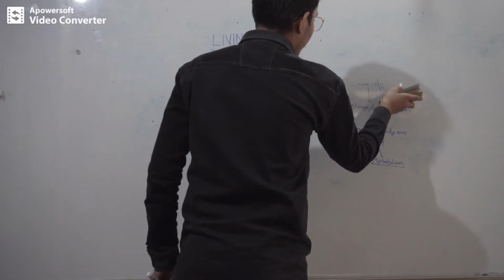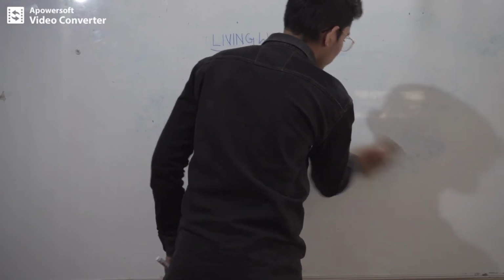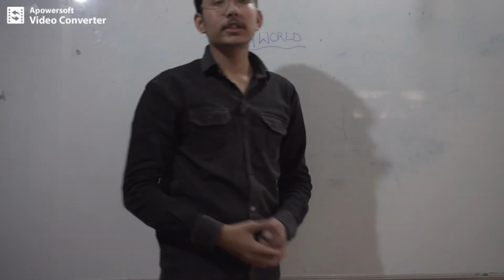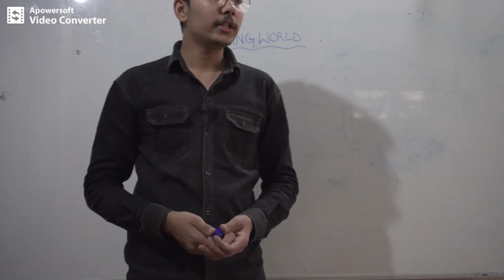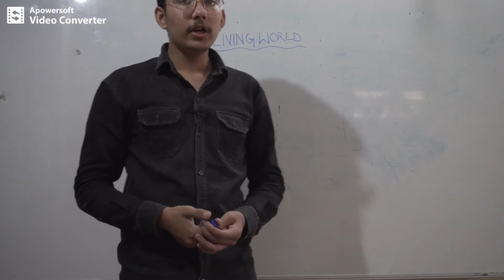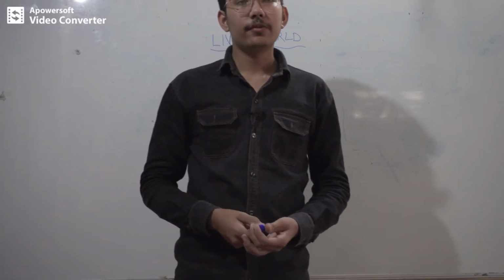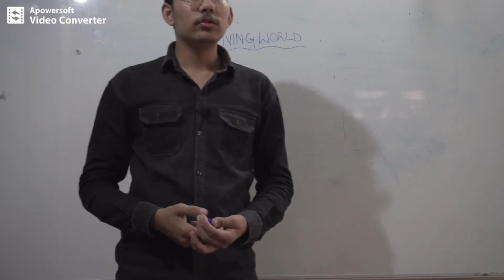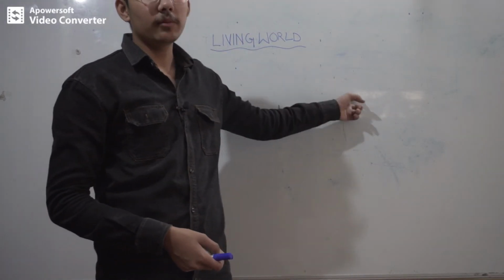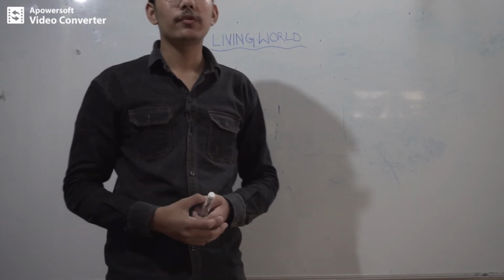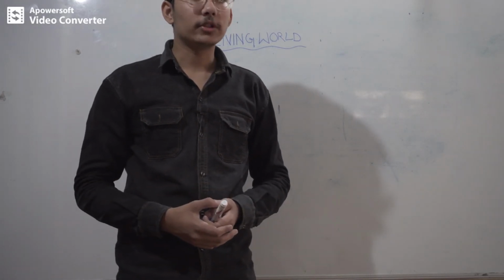Now we move on to the next characteristic, which is growth. Before discussing our next characteristic, growth, I have to make this clear. Every living organism carries out two processes, anabolism and catabolism, which are the constituents of our characteristic metabolism.